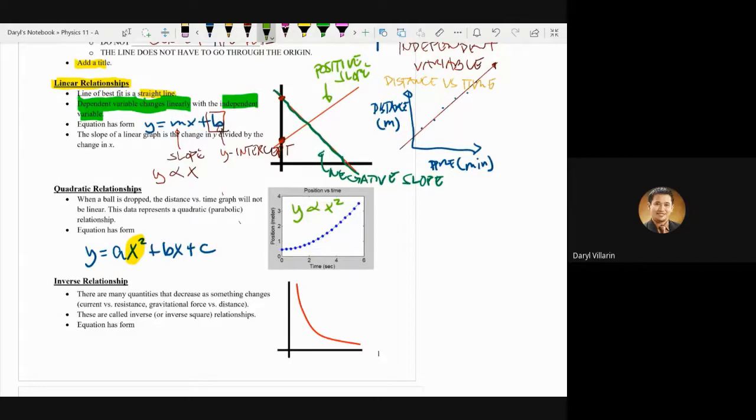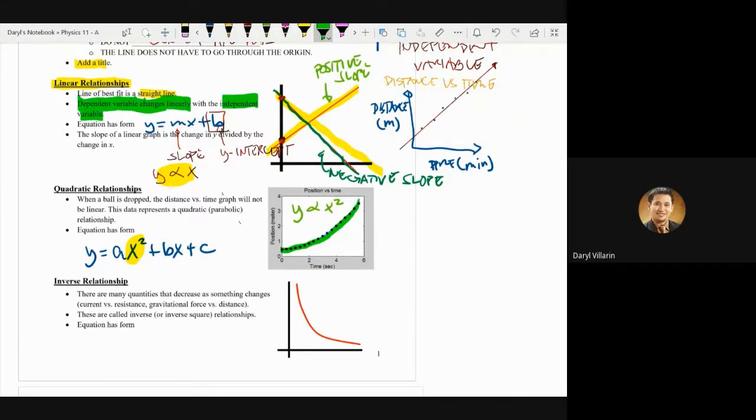See the difference: if you have a linear one, a straight line, y is directly proportional to x. But if the graph is something like this, it's not linear but curved, a parabola.